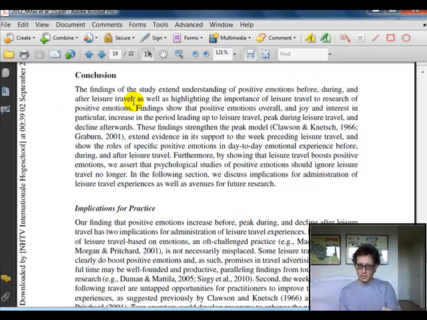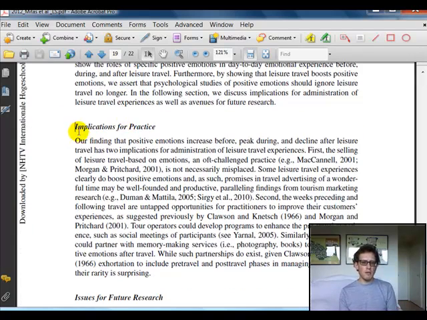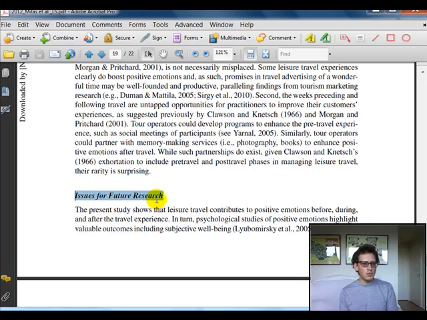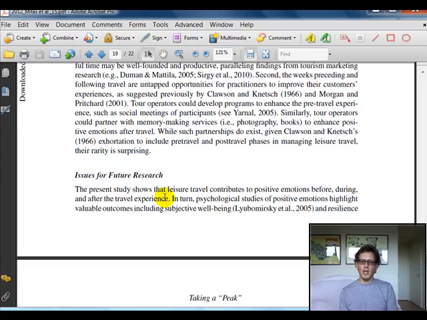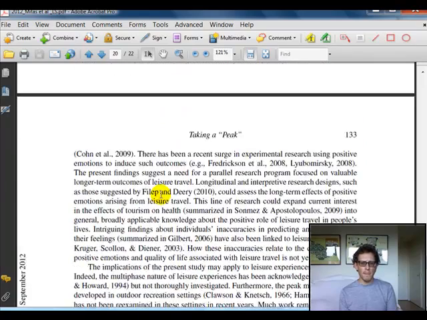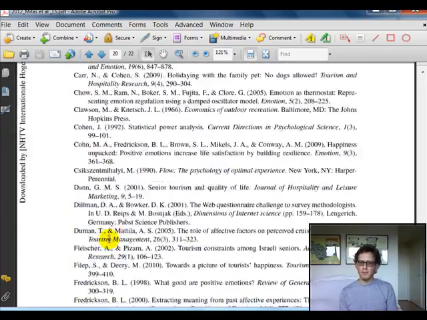And in this section that I called the conclusion here, I have a part called implications for practice. These are the recommendations to the tourism industry and the issues for future research. And typically that's where the paper ends. Okay, and after that you have the list of all the references that were cited throughout the paper.